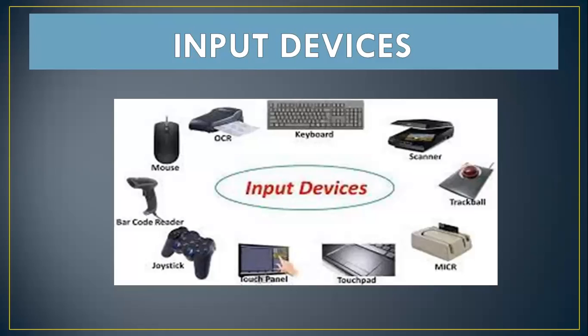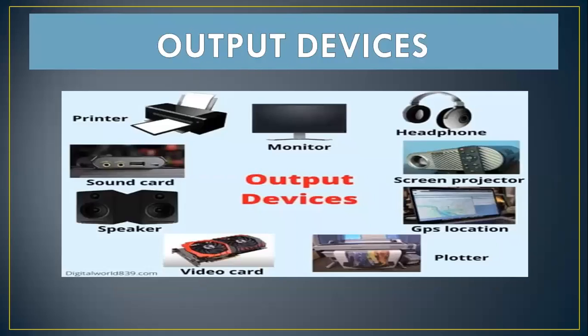So output can be anything: paper, sound, graphics. We have a projector also. A projector shows a light. When we see a movie using a projector, we can see the results.